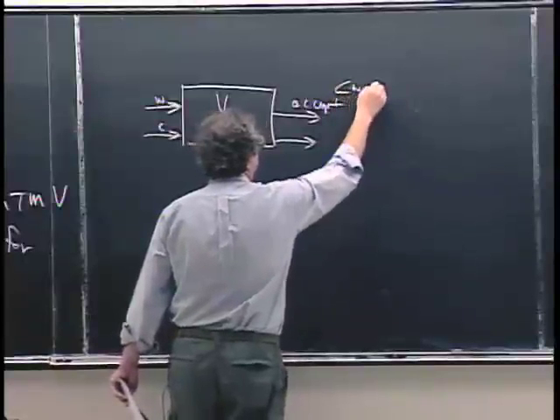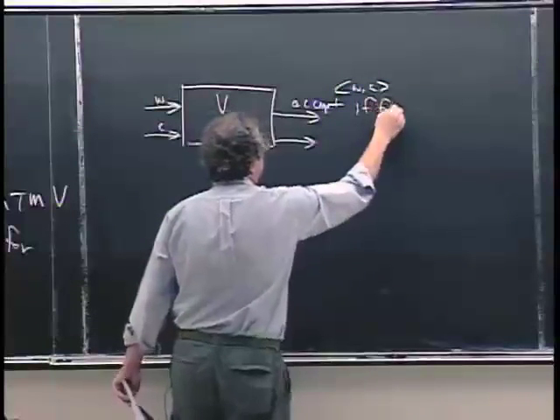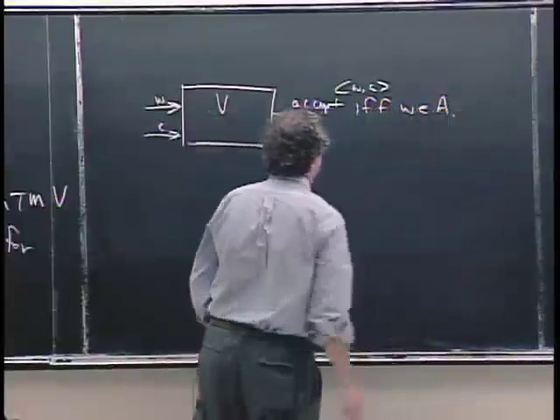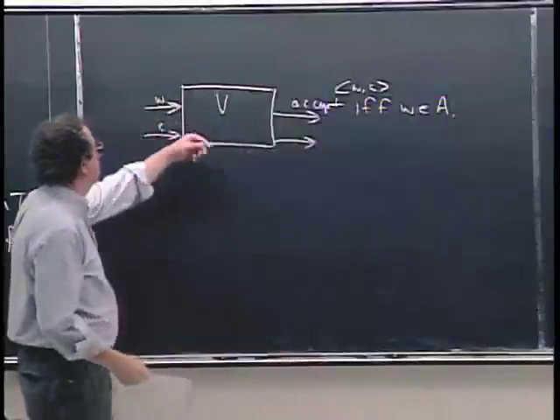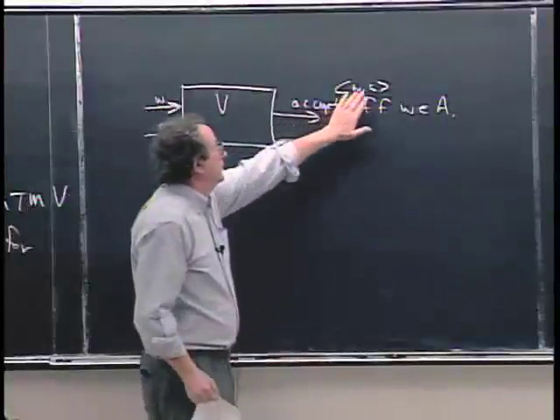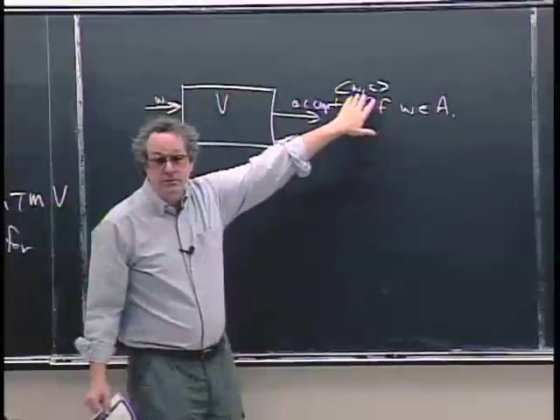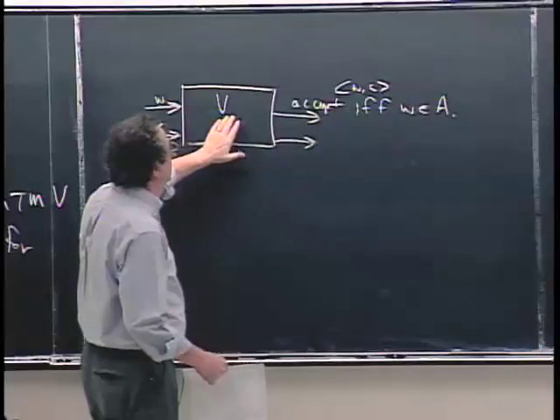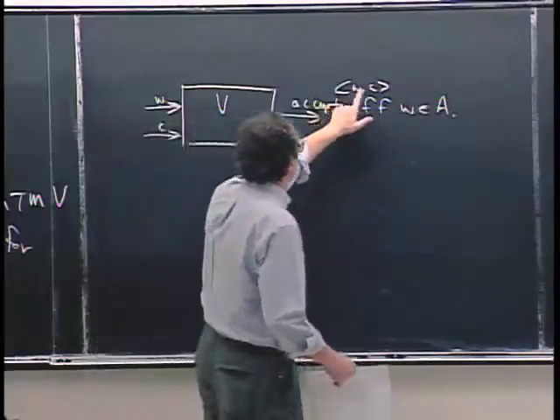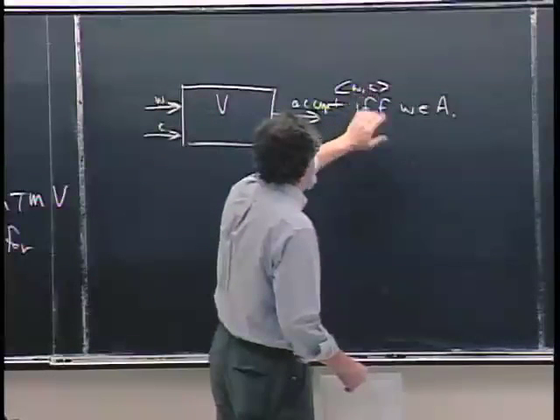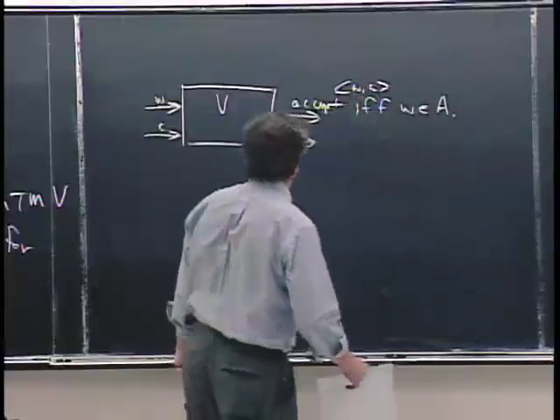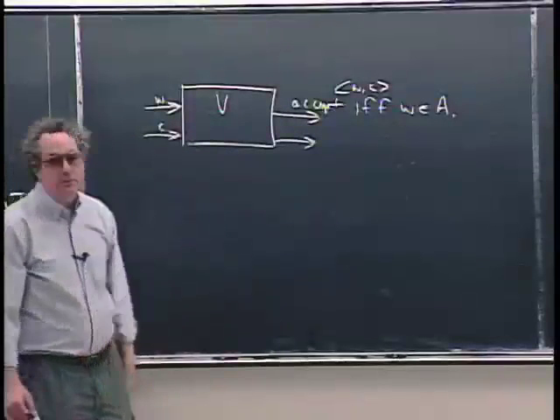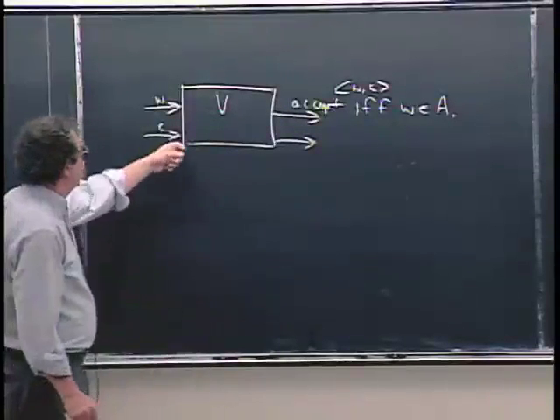We're accepting WC if and only if W is contained in A. So it's never going to accept if W is not in A, and it should accept if W is in A. But what is this C?